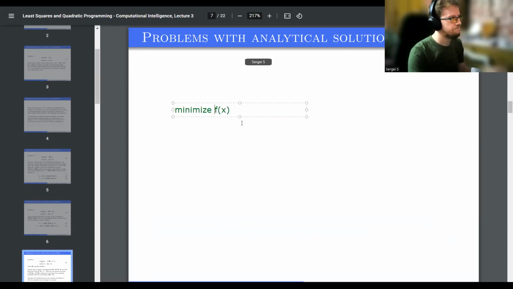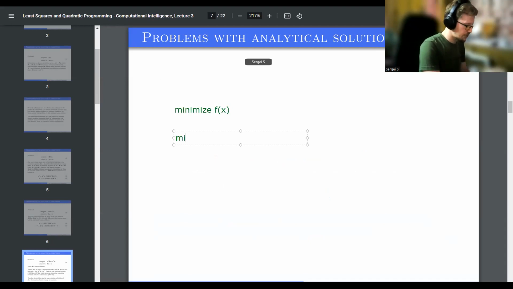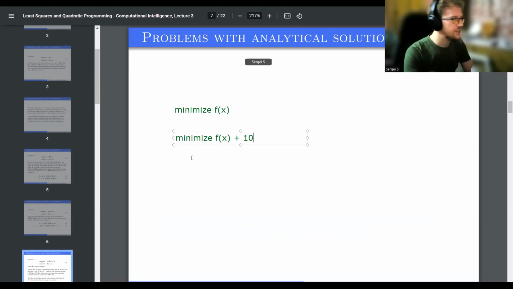It has a minimum somewhere. Let's say we want to minimize a different function, f of x plus 10. You understand that the minimum of the second function is necessarily the same as the minimum of the first function.